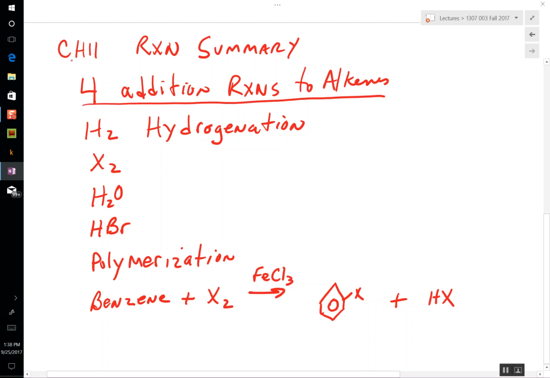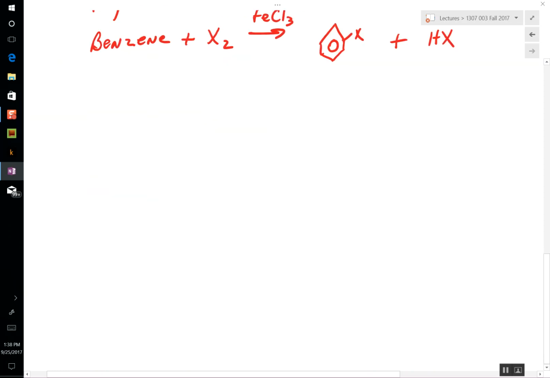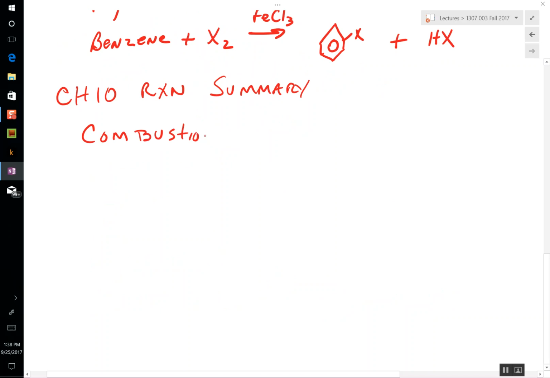And then chapter 10. Is you have combustion. Remember, chapter 10 is alkanes. You have combustion and you have halogenation.